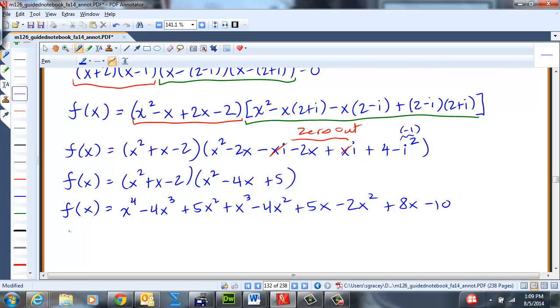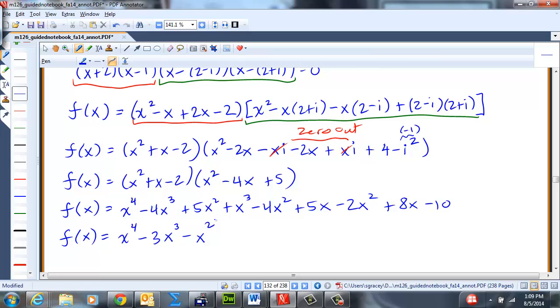And putting it all together, we will have x to the fourth. We have two terms with cubes in them, so that'll give us minus 3x cubed. We have 3 terms with squares, so 5x squared minus 4x squared is 1x squared, minus 2x squared is negative x squared.